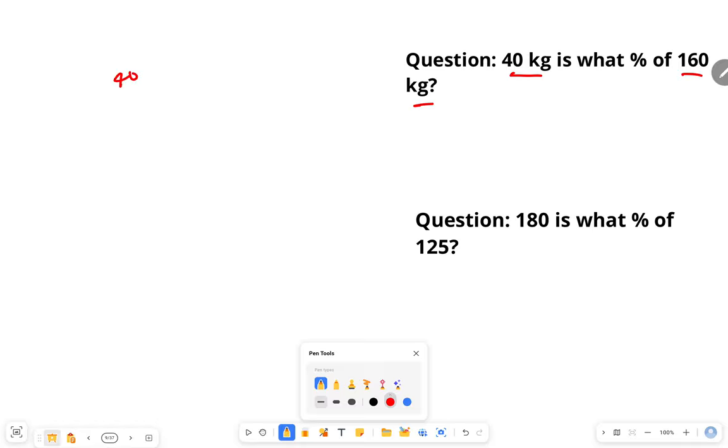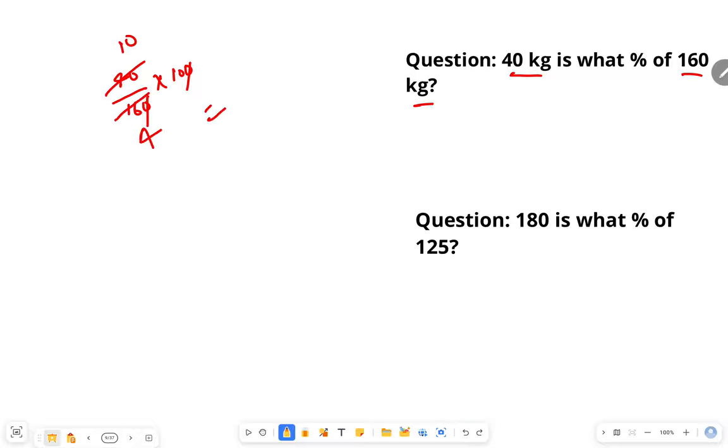So this is 40, and then you have to write this 160 in the base, and multiply it with 100, and it will give you 10 4, and then divided by 4, it's 25%. Right? This is your answer.